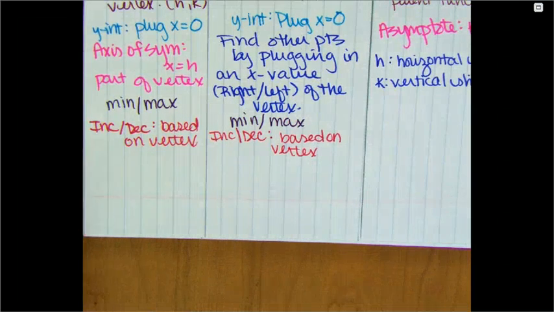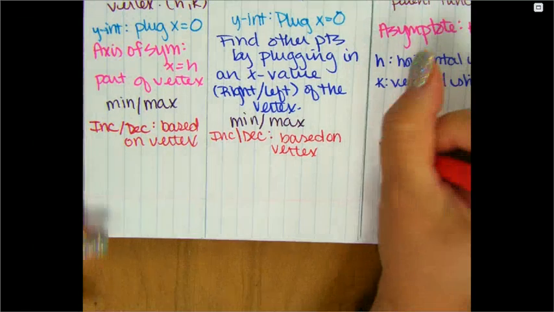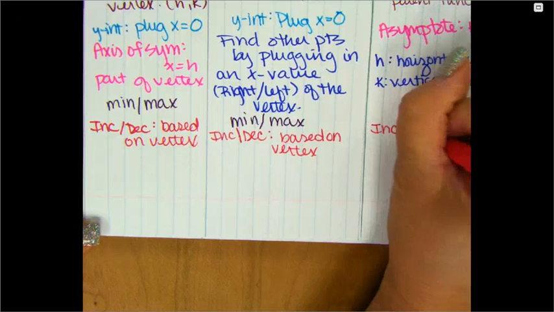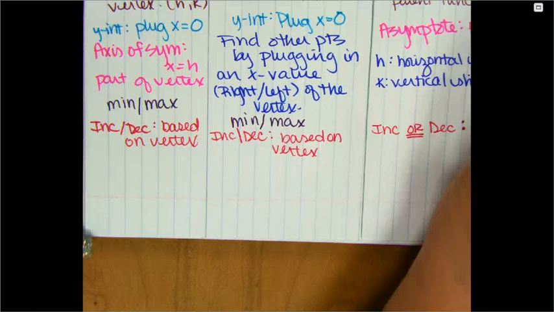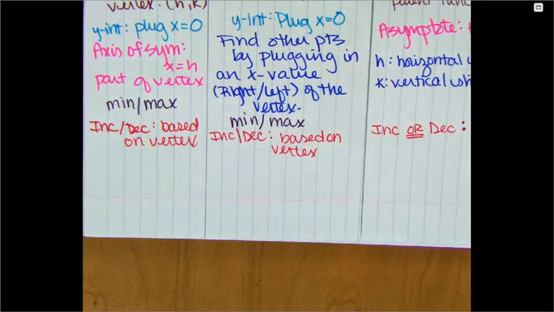Does an exponential have increase and decrease, or does it have one or the other? Why is it only one or the other? You're either growth or you're decay. If I'm growth, then am I increasing or decreasing? I'm increasing. If I'm decay, I'm decreasing.